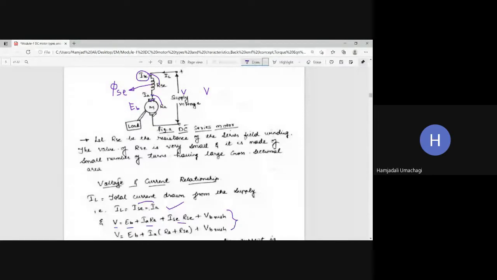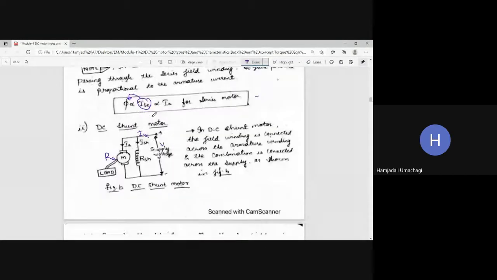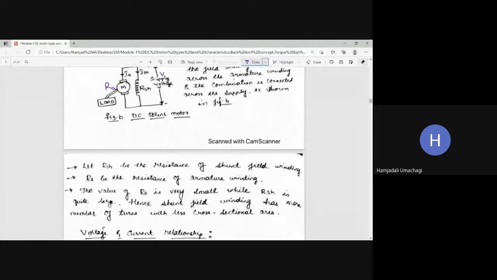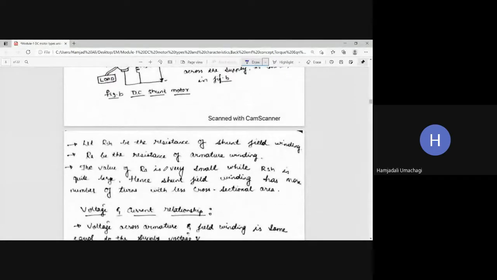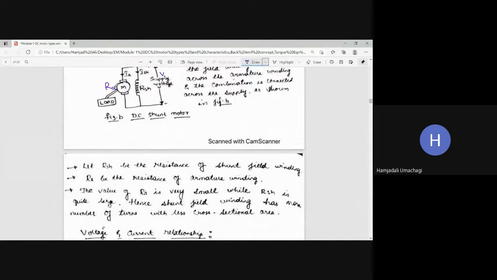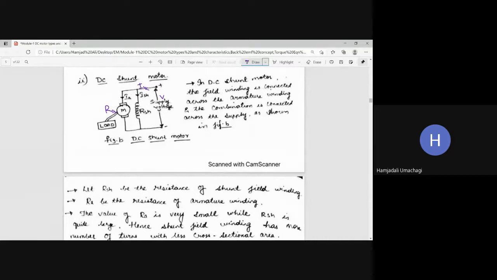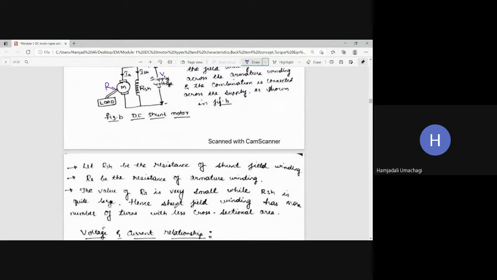In the same manner, now let us see the characteristics of the DC shunt field winding. The value of RA, the armature resistance, is very small, while RSH is quite large. Hence, the shunt field winding has more turns, since it has more resistance.